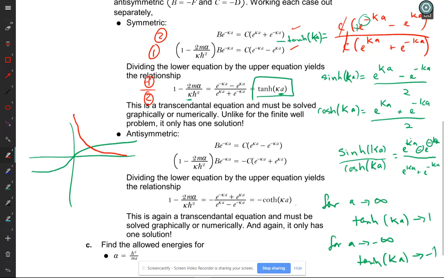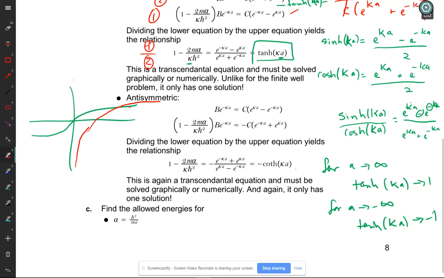So 1 minus 1 over kappa means it's flipped like this, and it's 1 minus that, so it's going to come up so that it asymptotes to 1. So both of these, both the red and the green, are asymptoting to 1 as kappa approaches infinity. And so you plot them and you find where they cross.